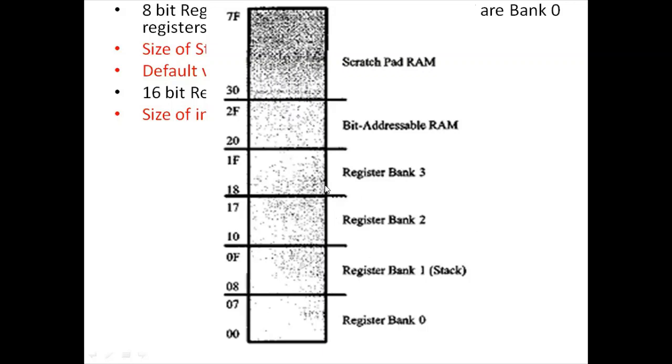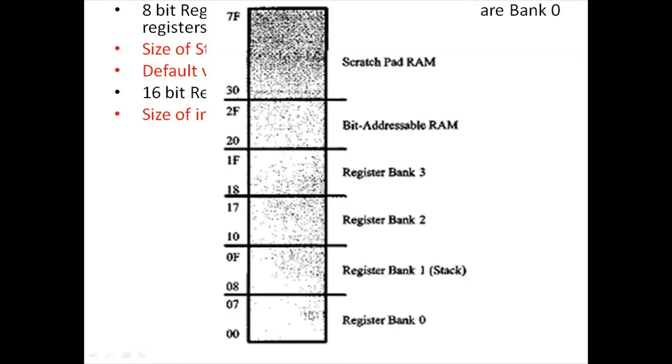Now they are nothing different, they are just used to read and write data, means to store data. This is a special part of the RAM, that is bit addressable RAM. You have two things here, bit addressable and byte addressable. Bit addressable means whenever you try to access a location, say 07, you will read the entire byte.